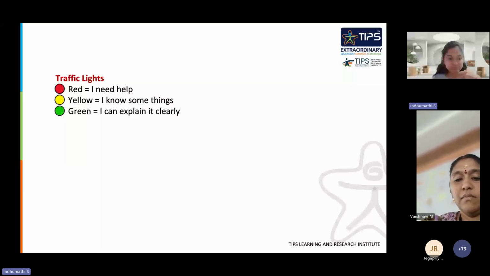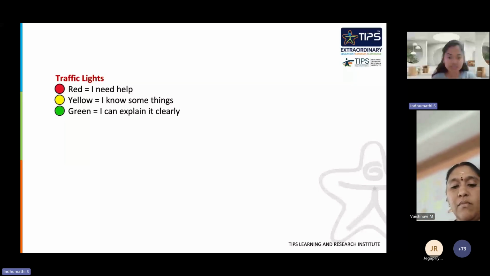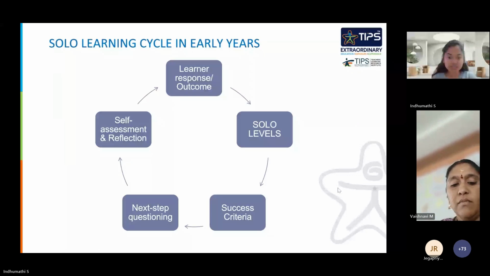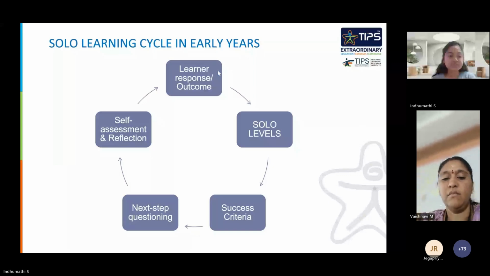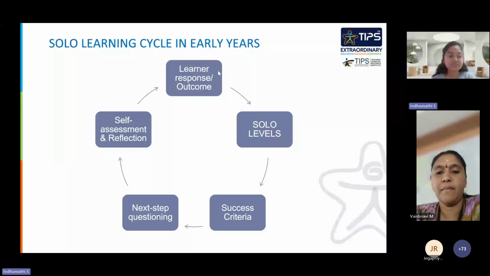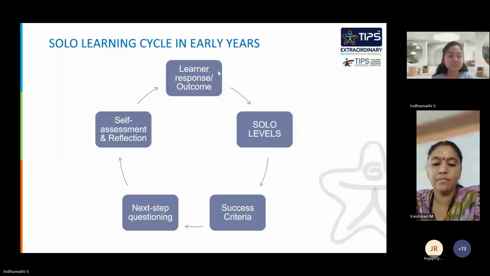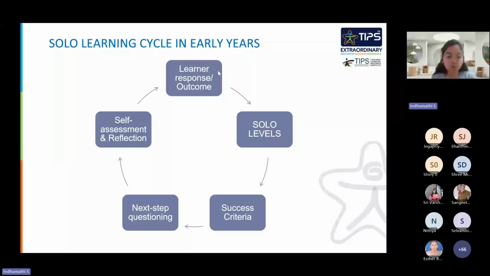And so here is the SOLO learning cycle in early years. Let's have a quick recap. First, we observe the learners, and we identify. We use the SOLO verbs to frame the success criteria.